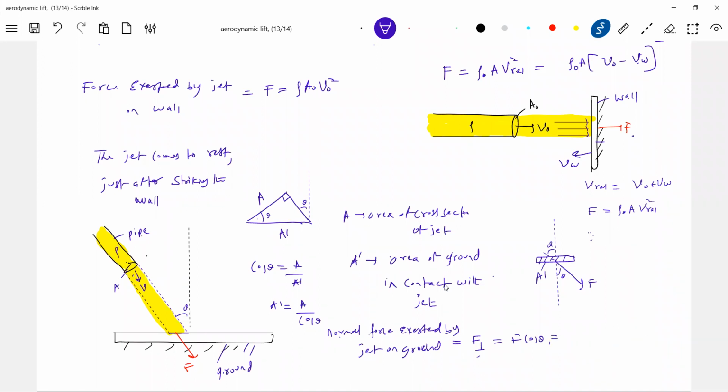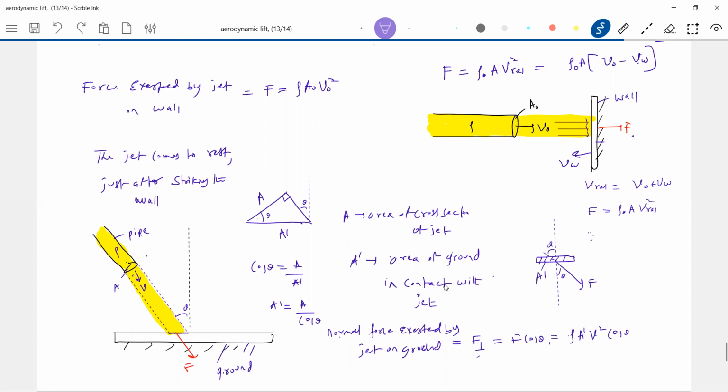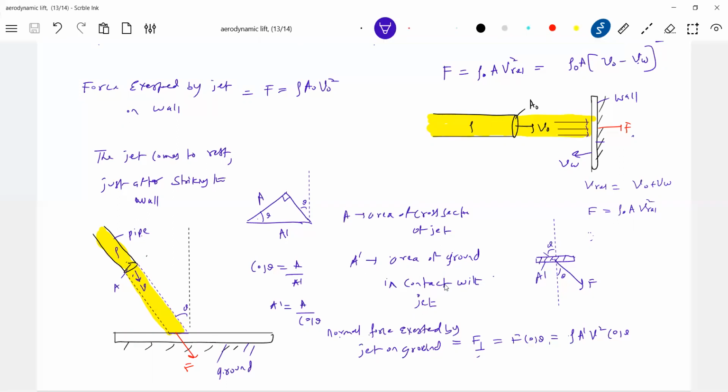What is F? What is F here? Rho A dash V square into cos theta. Now what is A dash? A dash will be A cos theta. How much will we get?